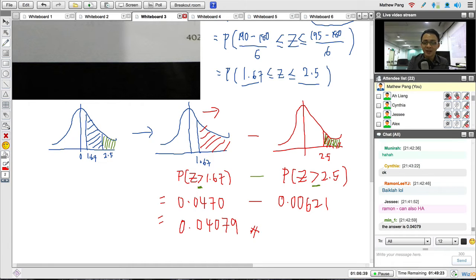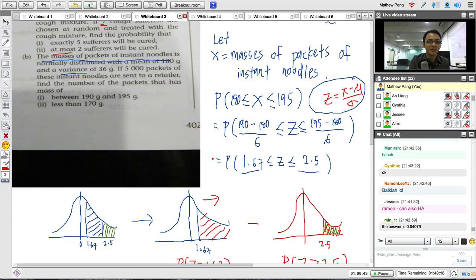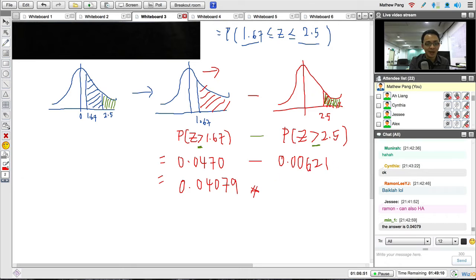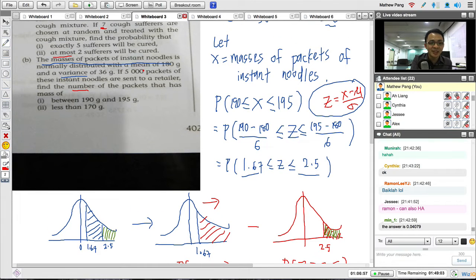But then you know we haven't finished, because here what they want to find is the number of packages of instant noodle. This is probability, not the number of packages of instant noodle. It says you got 5,000 packages of instant noodle, right?